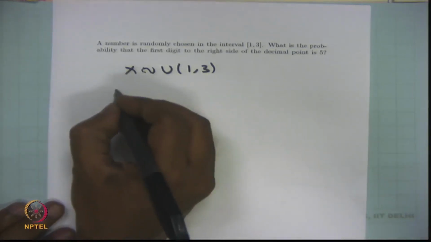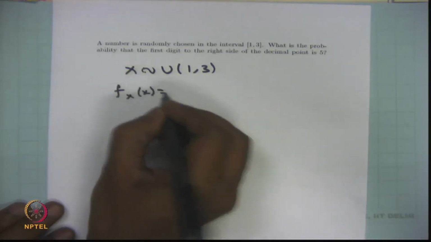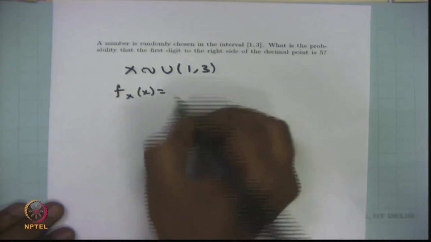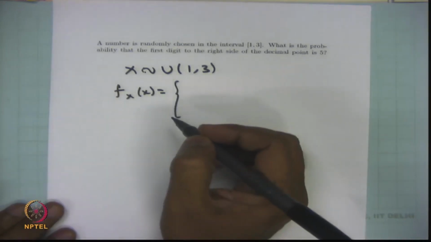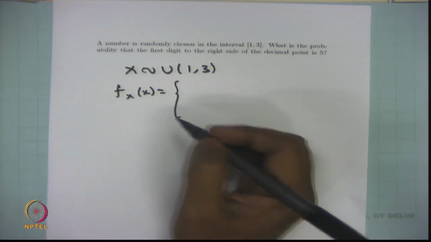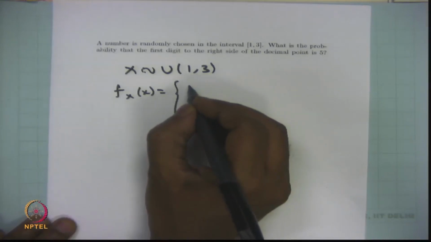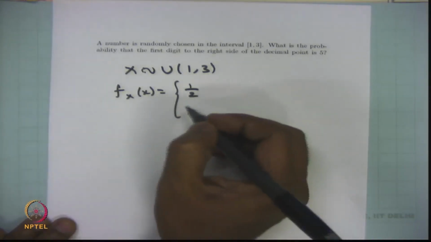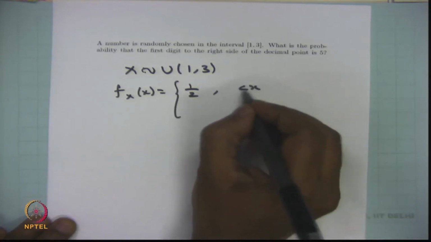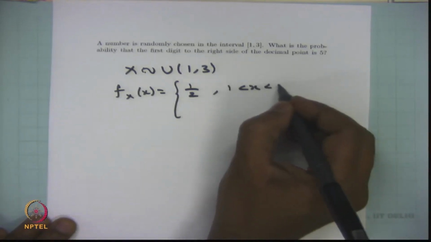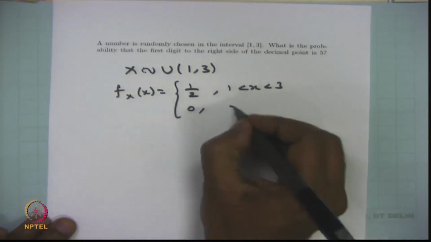That means the probability density function of this random variable is, since a number is randomly chosen, that means it is equiprobable, therefore the density is going to be constant. Then only it is going to be equiprobable. Since the interval is 1 to 3, the length of the interval is 2, therefore the probability density function is the constant 1 by 2 when x lies between 1 to 3, 0 otherwise.